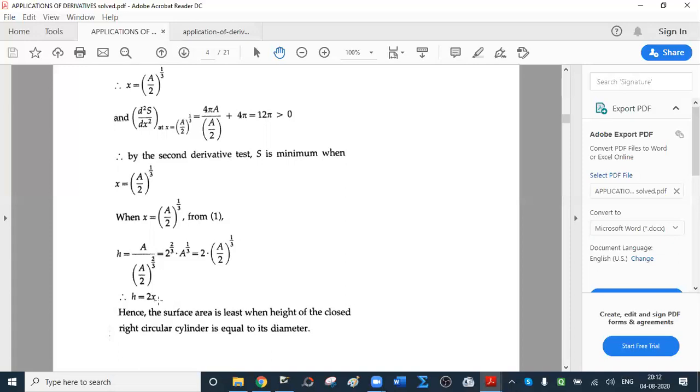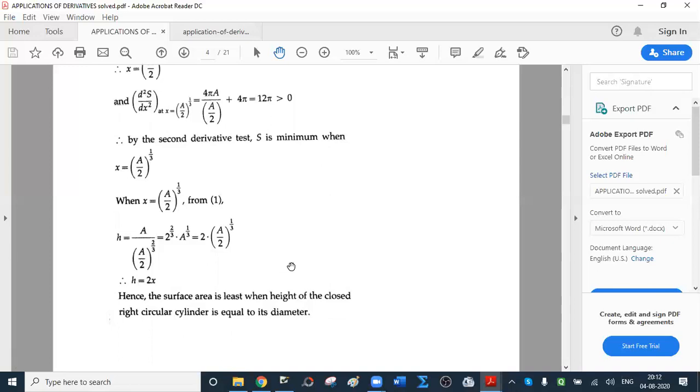That is nothing but 2x. So the conclusion is the total surface area, which is curved surface area plus area of the lower and upper bases, is least when the height of the cylinder is nothing but the diameter of the base, that is 2 times radius. Okay, so this is the solution.